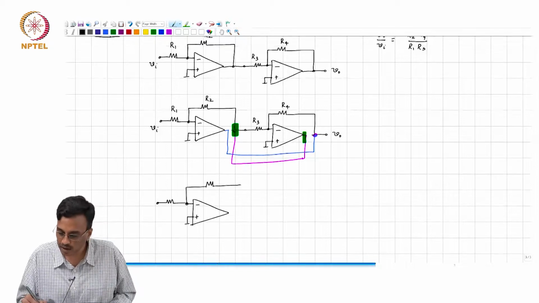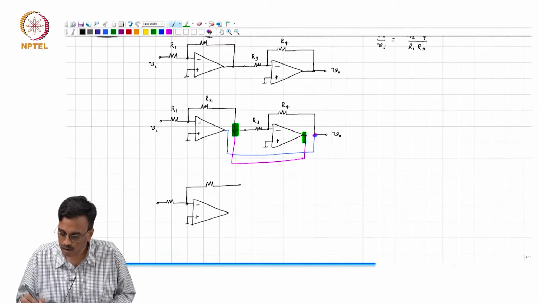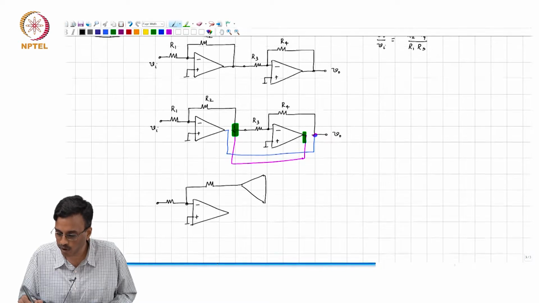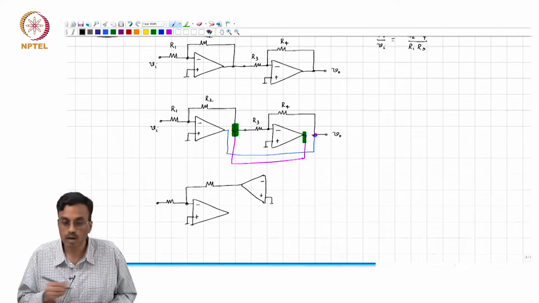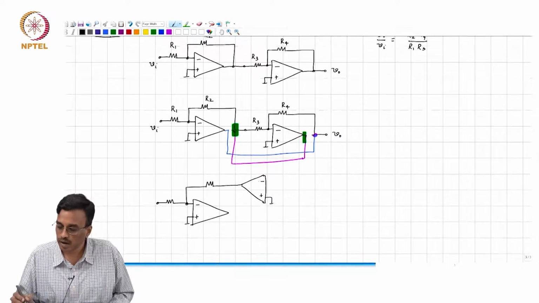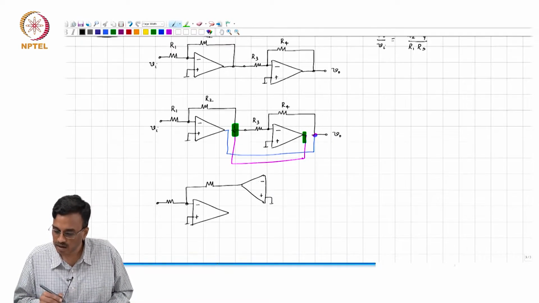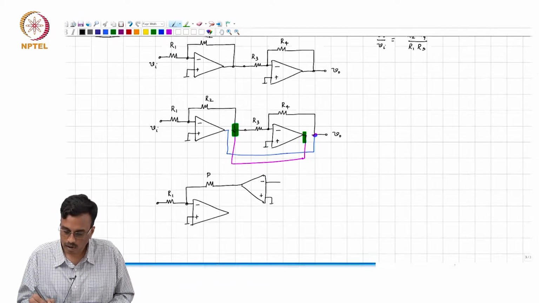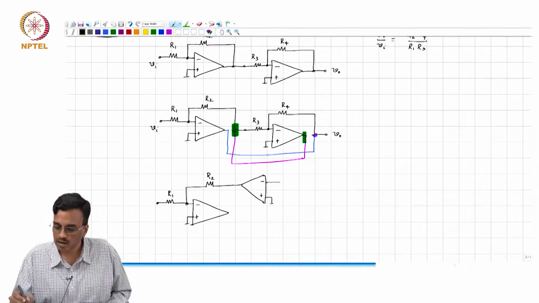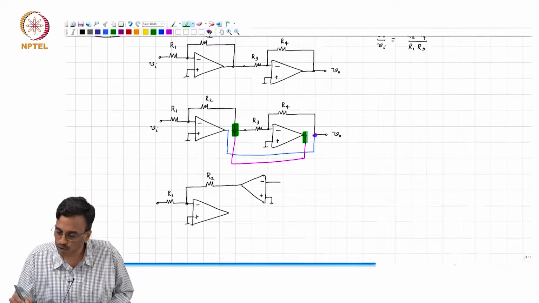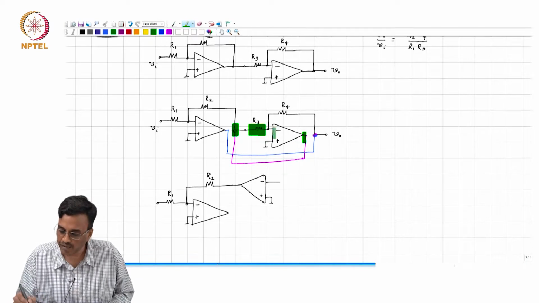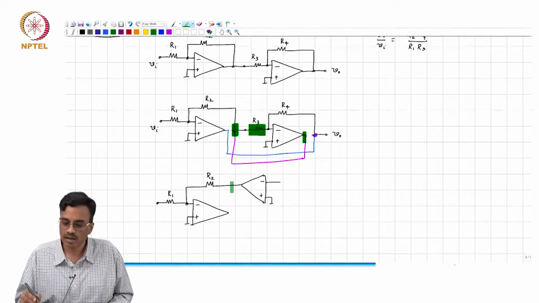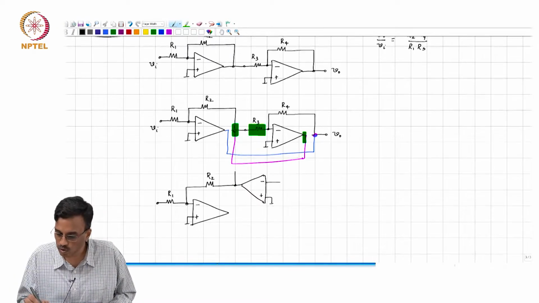So, it looks like I am just taking that op amp and drawing it this way, right, and R3 goes between the output of the second op amp and the inverting terminal.